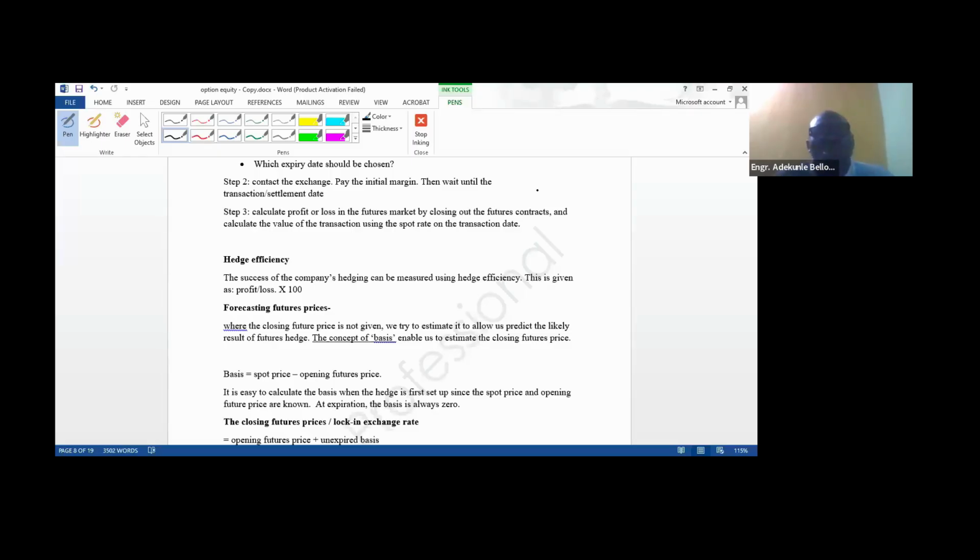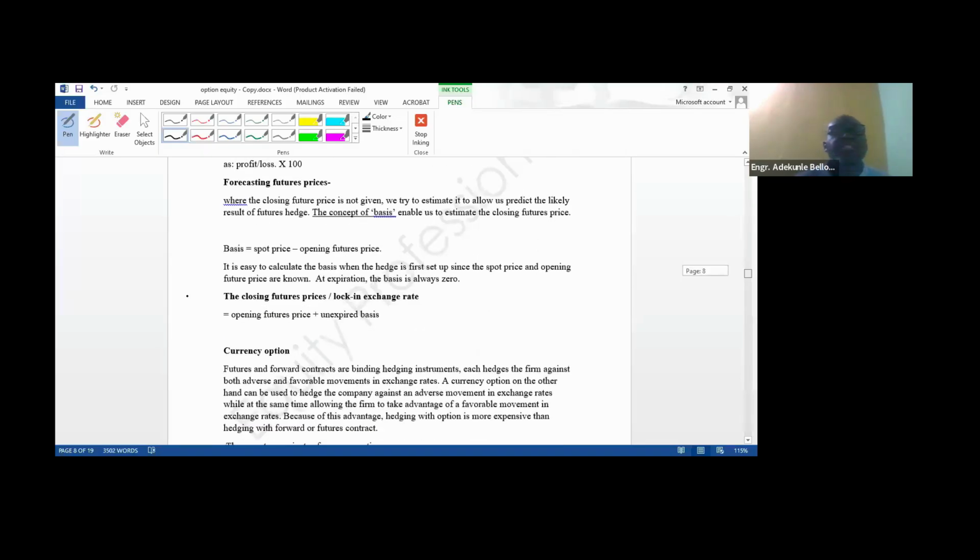How do we estimate closing futures price? If you are not given the closing futures price, how can we estimate it?